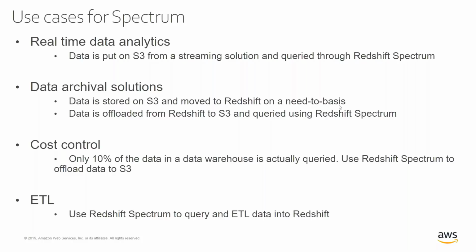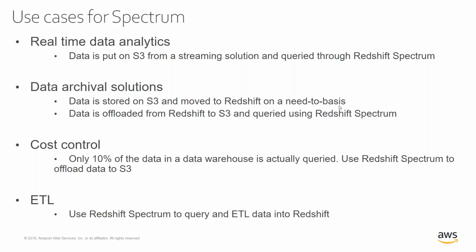So our customers load just the right amount of data into a data warehouse solution like Redshift, and they put the rest of the data on S3, because 90% of the time, you're only querying a fraction of this data.